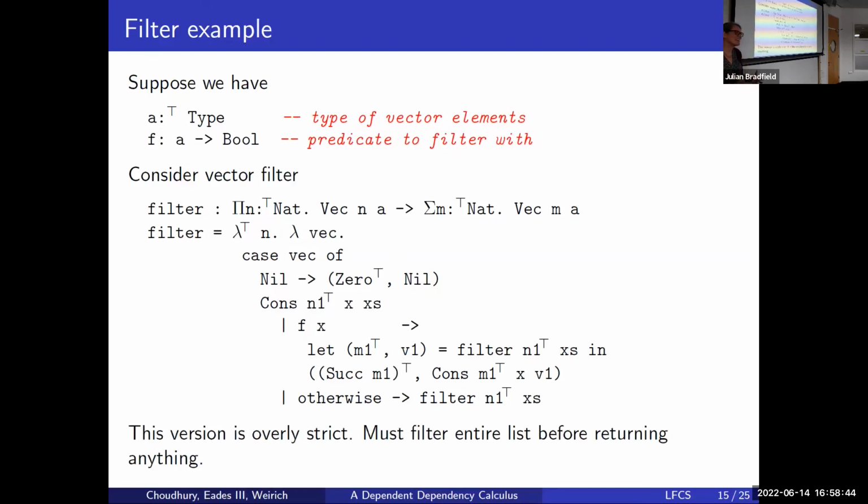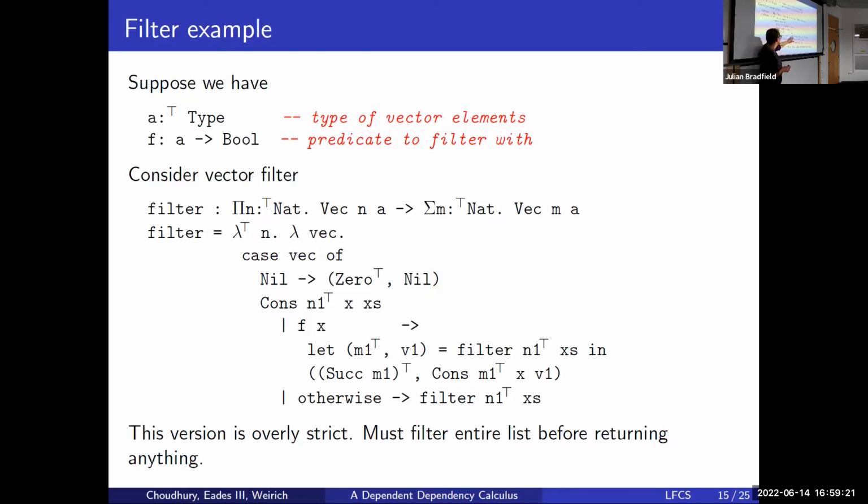it's too strict, right? If you're writing this in Haskell, if you think about the Haskell filter function, it's a lazy function. You only filter as much as you need, as you demand from the output of the filter. But this definition can't do that. The reason it can't is that when we do this pattern match here, we have to filter the entire vector before we can return anything.